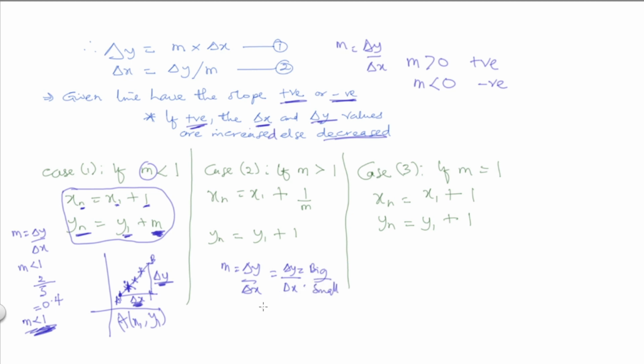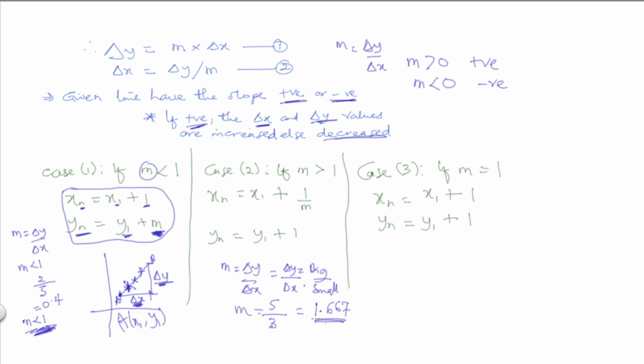So assuming the change in y is of value 5, the change in x gives us a value of maybe 3. So this tells us that you have a value which is greater than 1. It should be probably 1.667, and this m value obviously is greater than 1.